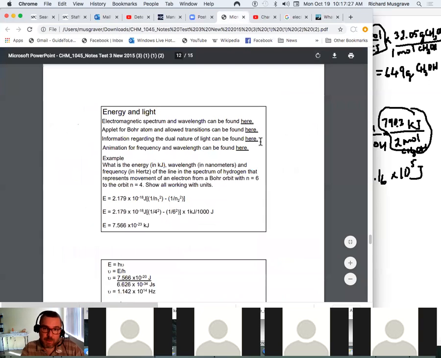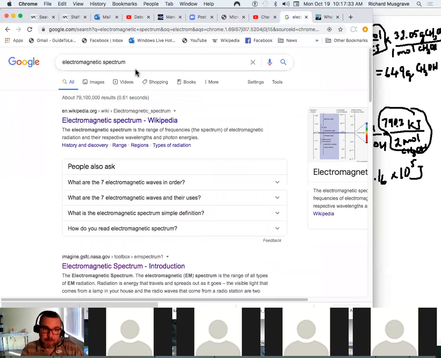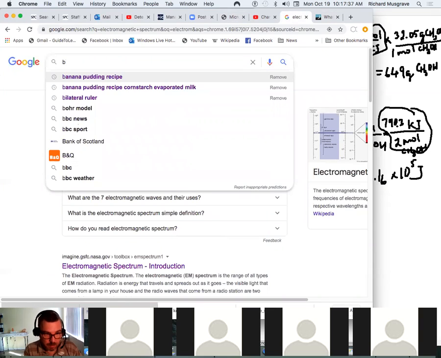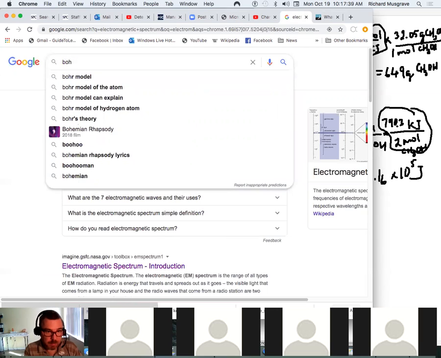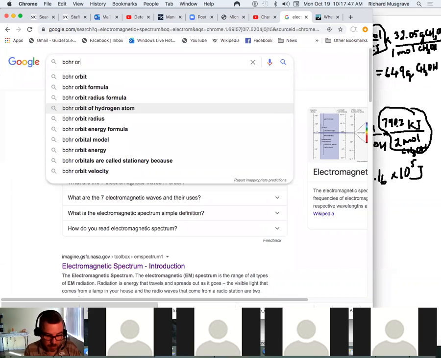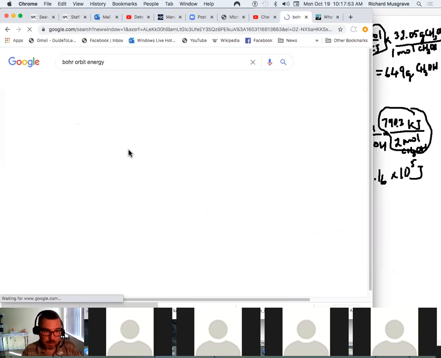Now, what we're going to focus on is the Bohr orbits. And we'll do the energy here, Bohr orbit energy.